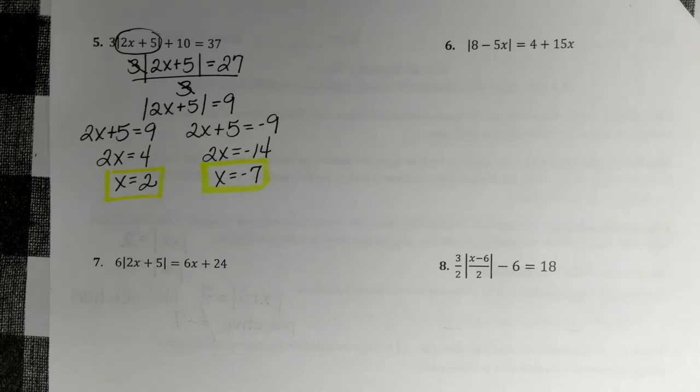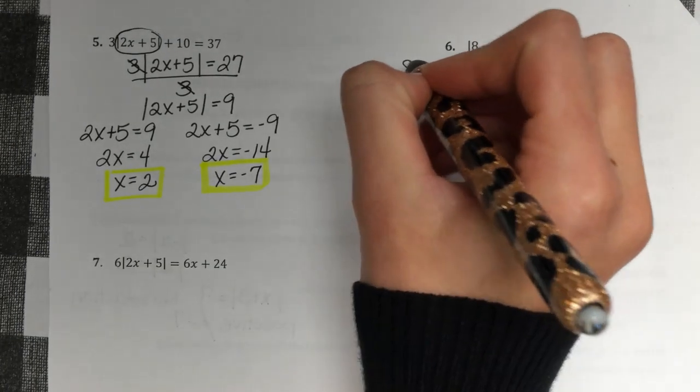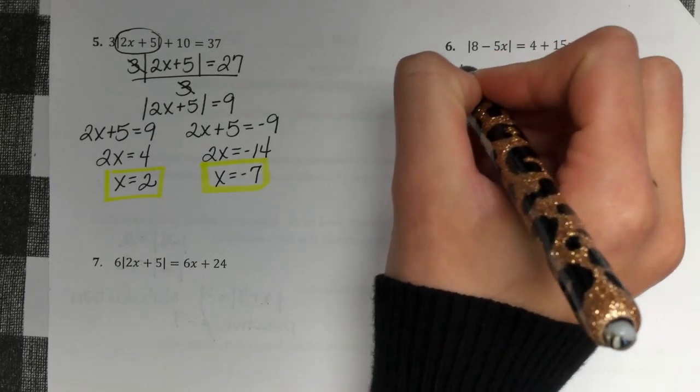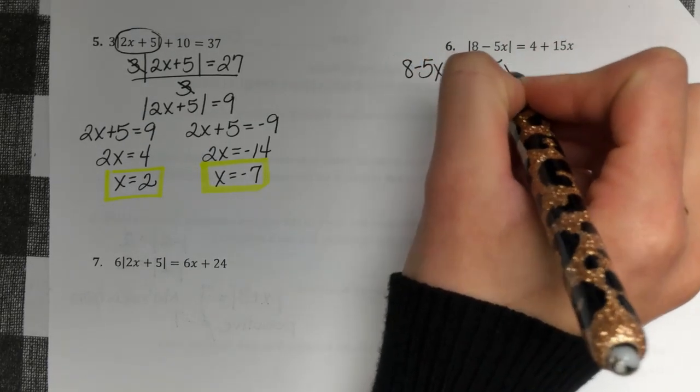Okay. So now on number 6, I've got the absolute value of 8 minus 5x equals 4 plus 15x. Okay, so absolute value bars are isolated. I'm going to separate 8 minus 5x equal to the positive 4 plus 15x.